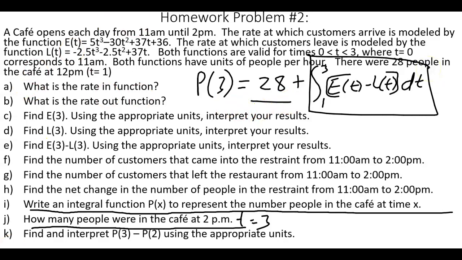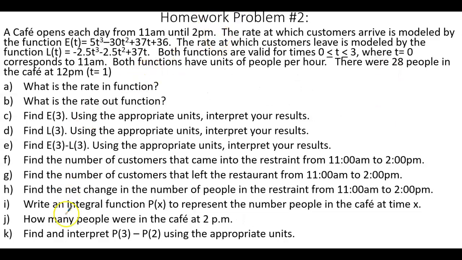And the outcome is 11.6. It just keeps going after that, 11.66666. You could round it to 12 if you want to, or you can round it down to 11. It doesn't really matter. And that's about it. So at that point in time, there would be about 11 or 12 people in the restaurant at t equals 3.